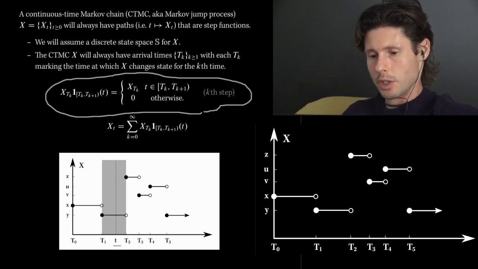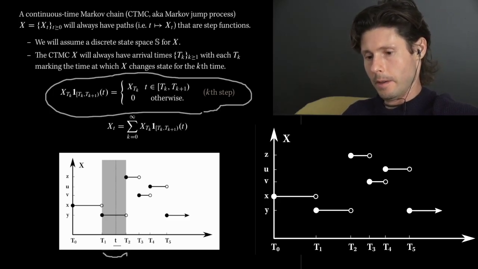In here it just happens to fall in the interval between t1 and t2, the time between the first change of state and the second change of state, and when it does so, the value there is going to be prescribed by xtk. So in this example, k is going to be a 1, the one right here, and the value xtk is equal to little y.